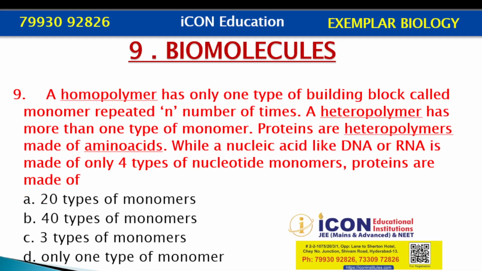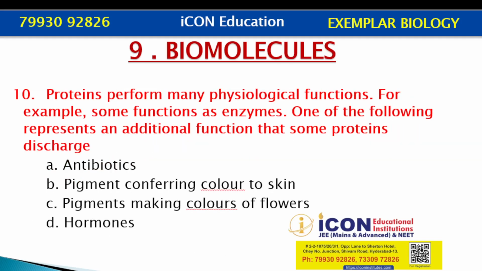Question number 10. Proteins perform many physiological functions. For example, some function as enzymes. One of the following represents an additional function that some proteins discharge. Okay, so these are the functions of protein. Proteins act as antibiotics.